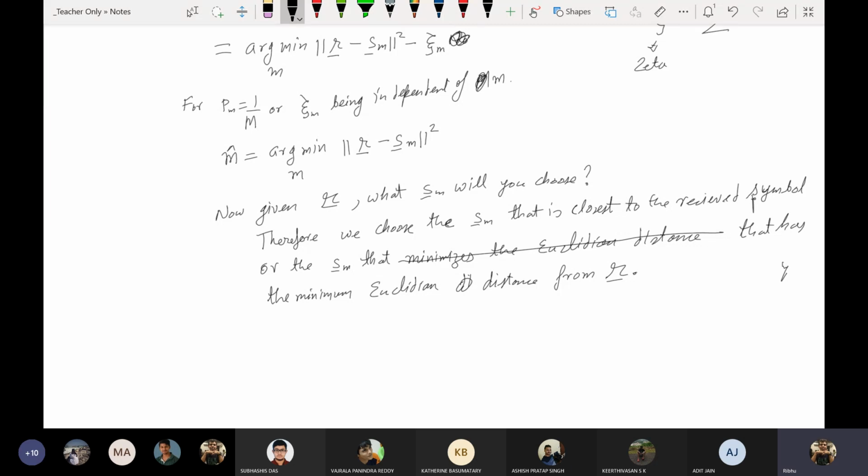Over what field? Real field. Okay, I accept that in real field, but in binary field, I won't agree with you. How do you define the operator plus? That's one of the things we had to do.